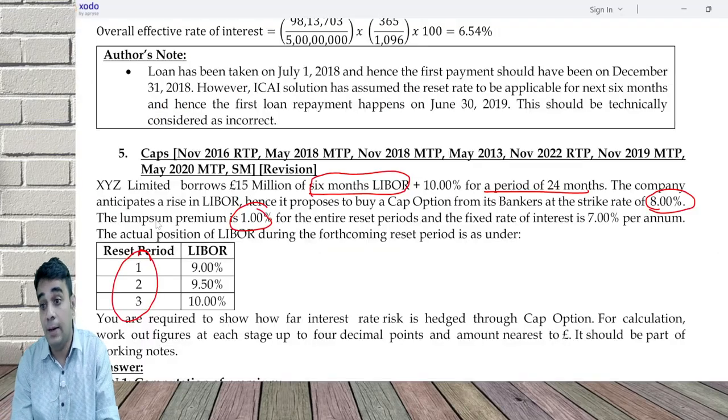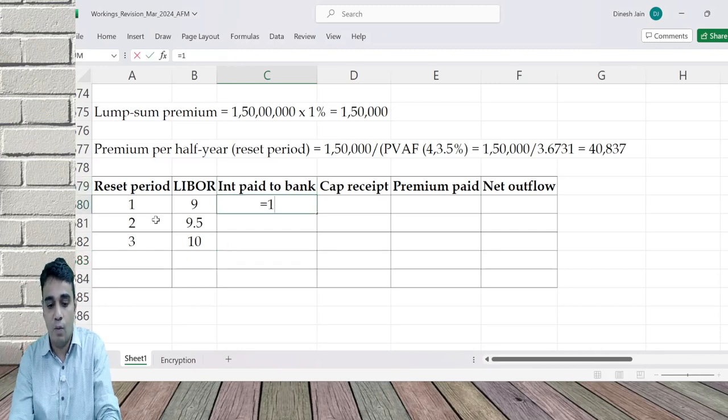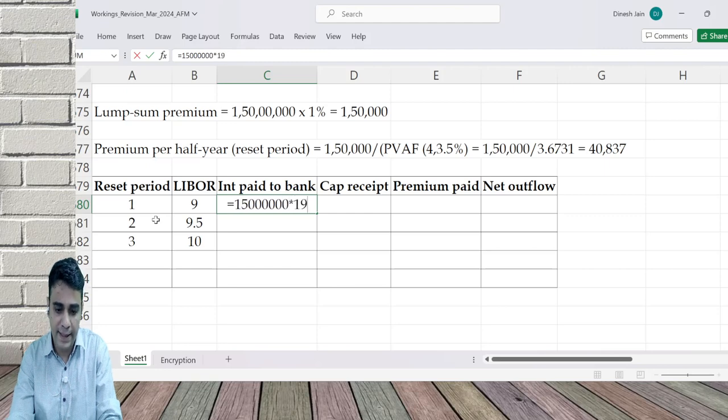What is our bank loan interest rate? LIBOR plus 10%. So pay interest at the rate of 19% for 6 months: 1 crore 50 lakhs into 19% into 6 by 12.